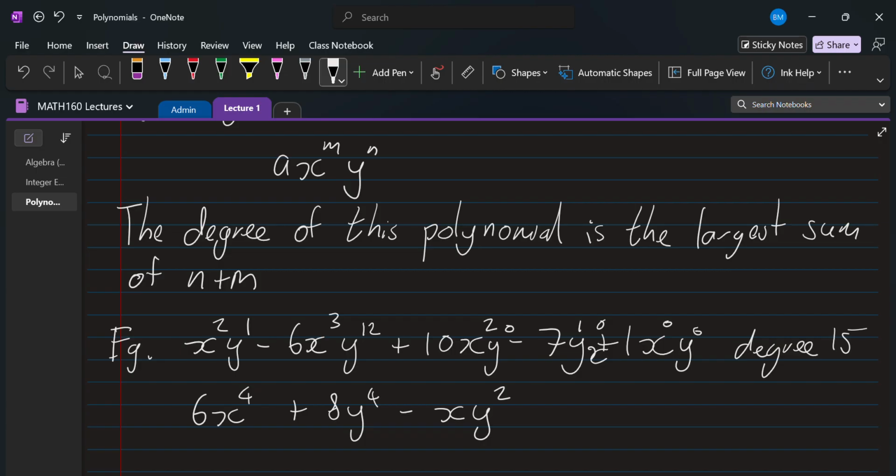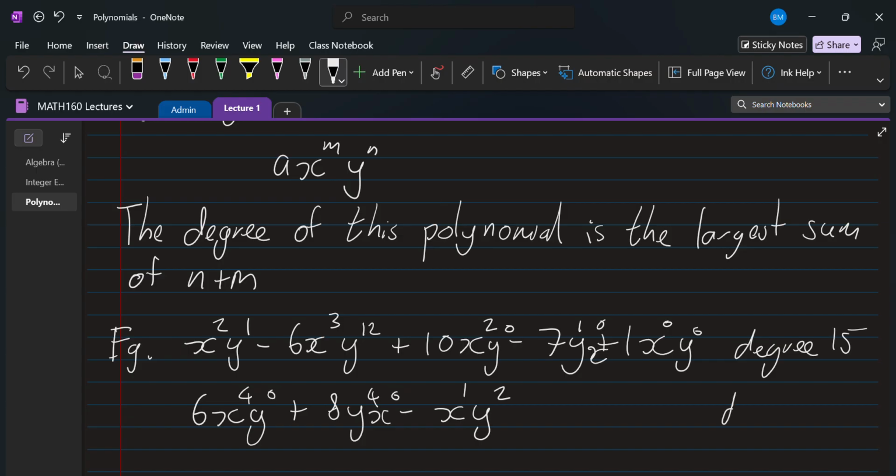X is missing, so that is x to the 0. 1 plus 0, that's 1. 15 is still bigger, so we carry on. Next is 1. X and y are missing, so that must be x to the 0, y to the 0. The sum is 0. 15 is still bigger, so the degree is 15. Okay, easy stuff. You just go through term by term, and you look for the largest sum.